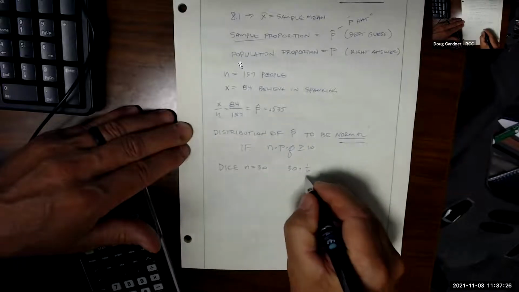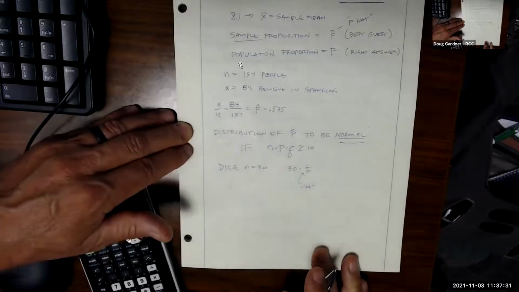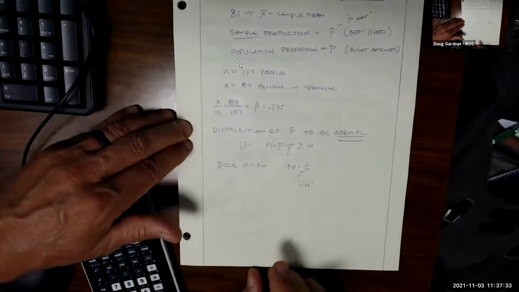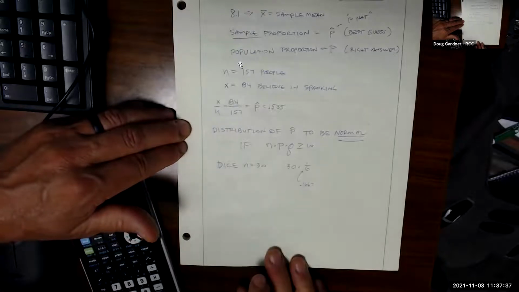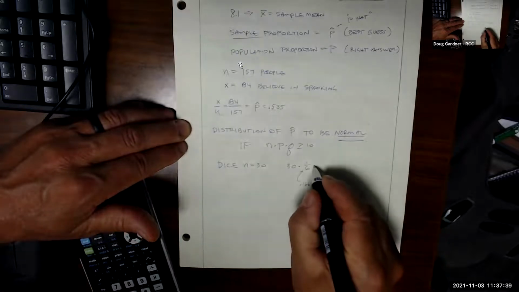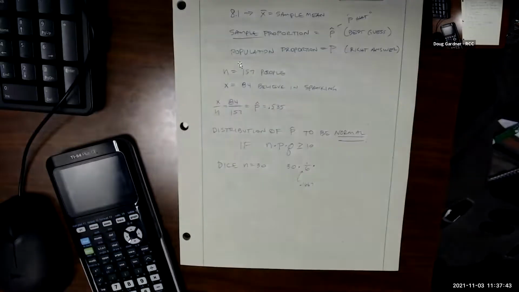I'm going to write 1/6 or 0.1667. What was Q again? Sorry, what's Q? Yeah, it's like the opposite or the complement to that. In other words, if you have a 1 in 6 chance of rolling a 5, then automatically you have a 5 in 6 chance of not rolling a 5.